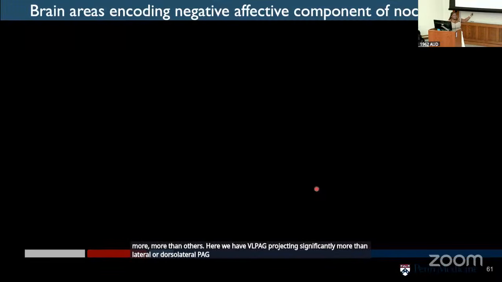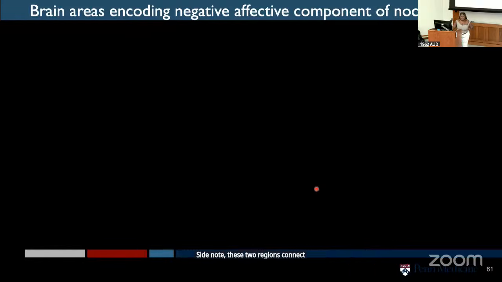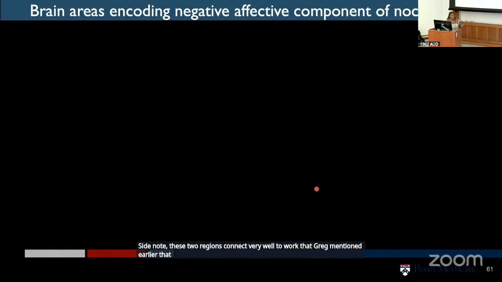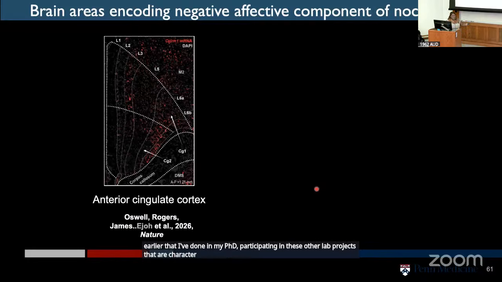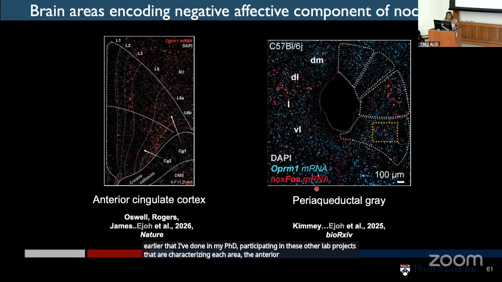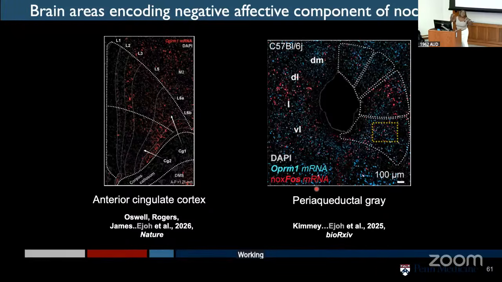Side note, these two regions connect very well to work that Greg mentioned earlier that I've done in my PhD, participating in these other lab projects that are characterizing the anterior cingulate and the PAG, their activity during acute and chronic pain, and their involvement in the opioid system and the affective component of pain, working towards building this larger pain affective mu receptor network in the brain.